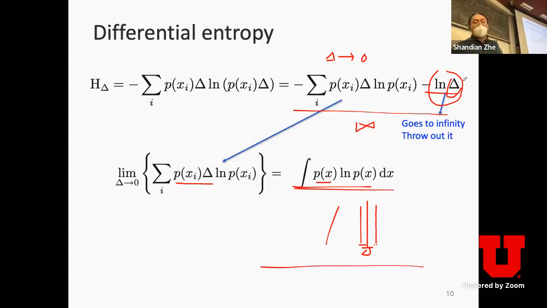And in the extreme, if you want to completely recover the original signal, you have to make the bin length 0, right? But that will give you infinity. That means you use an infinite number of bits to code this continuous signal. Otherwise, you always lose some information. Just to give you a sense from the coding theory perspective.